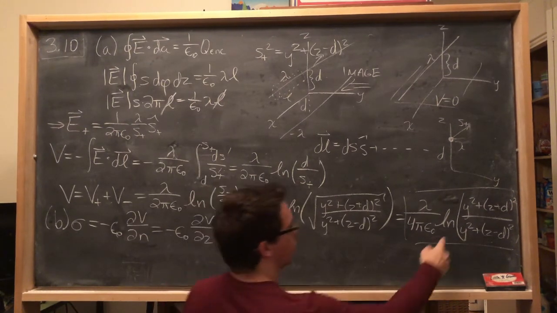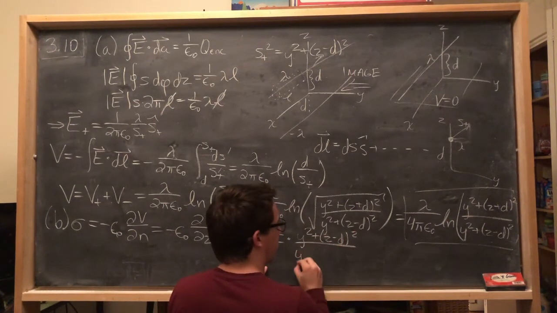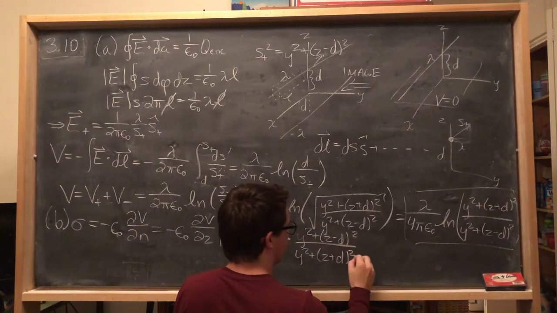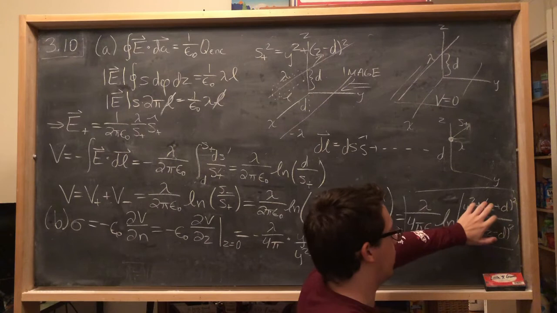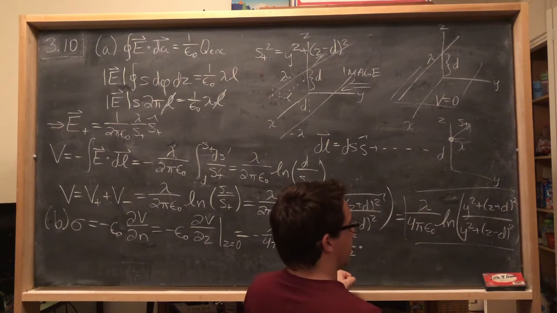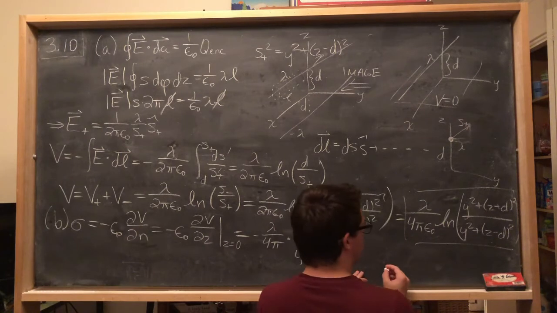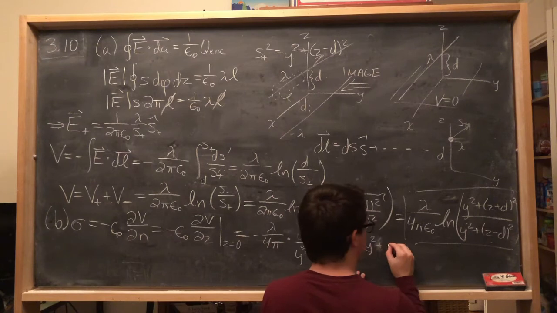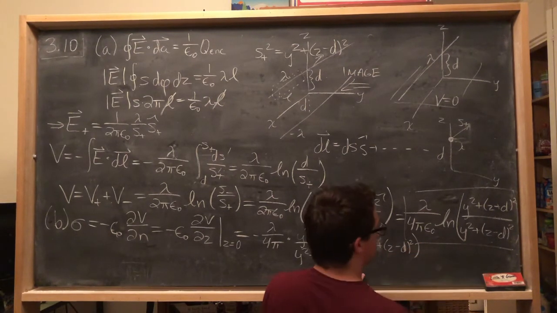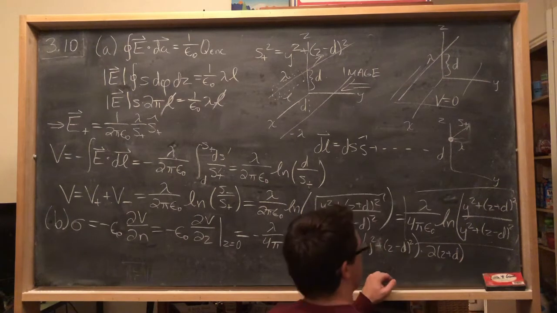So first it's going to be 1 over this argument, y squared plus (z minus d) squared over y squared plus (z plus d) squared, multiplied by the derivative of what's inside the argument. And since we have z terms in both parts of this fraction, we're going to have to use the quotient rule. So we'll do y squared plus (z minus d) squared times the derivative of this, which is going to be 2(z plus d).